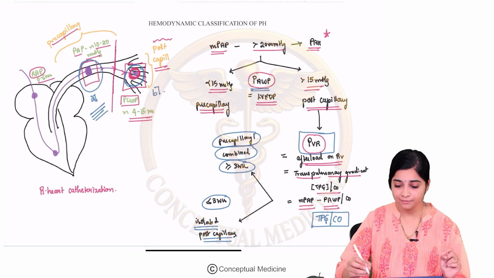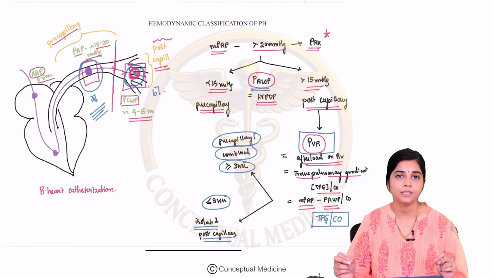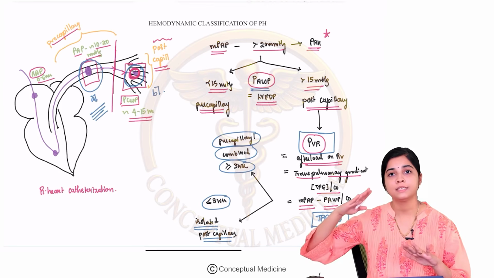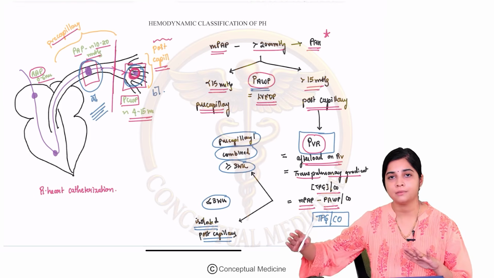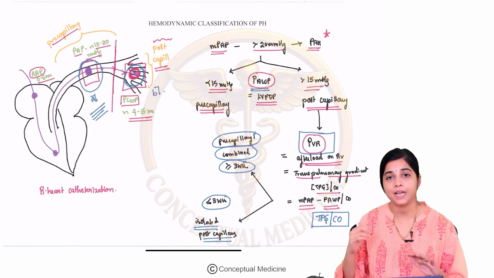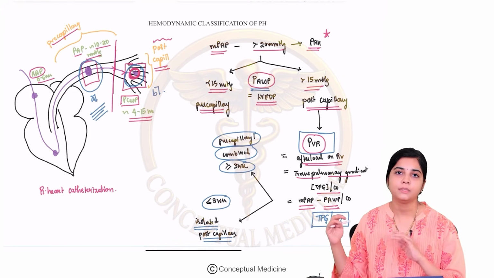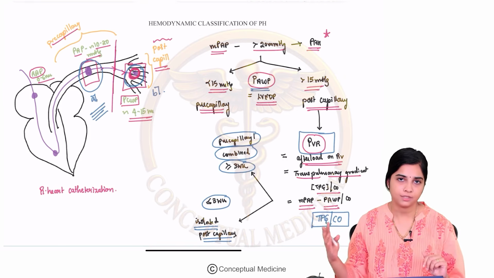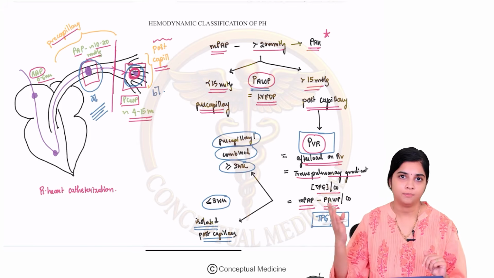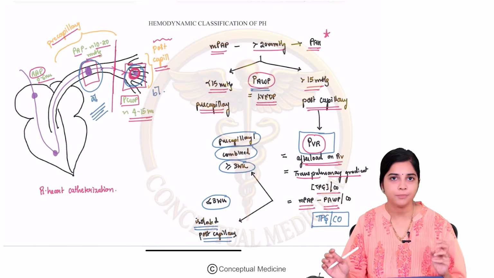If it is more than 15, then it is a post-capillary pulmonary hypertension. Post-capillary means what? Basically any cause which is causing pulmonary hypertension after the capillaries. After the capillaries means predominantly your left side of the heart. So your LV-EDP rises, LA pressure rises, then your post-capillary hypertension is going to be predominant.